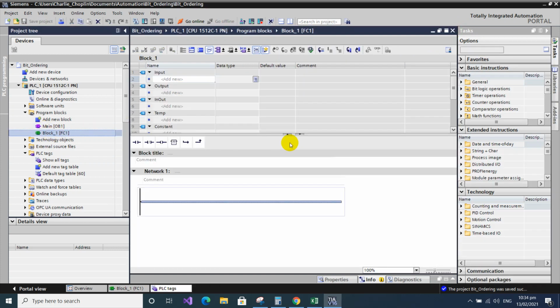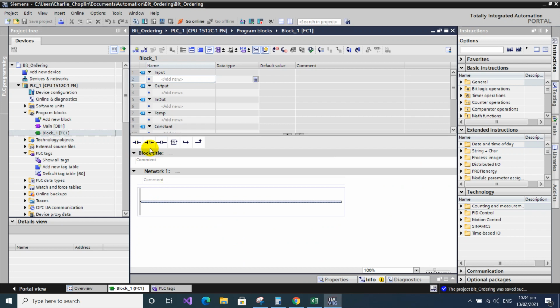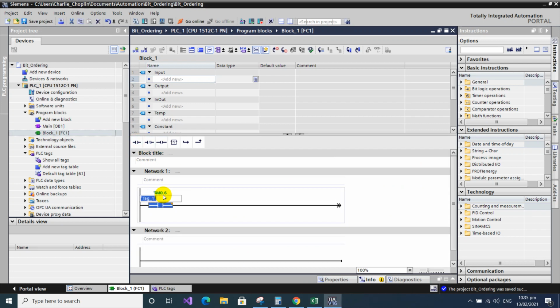Now this is our FC. Now, how to take bits from a double word. For example, I am taking 0.6. So first, the easiest way, I can just directly put M0.6. I can put it like that right away.